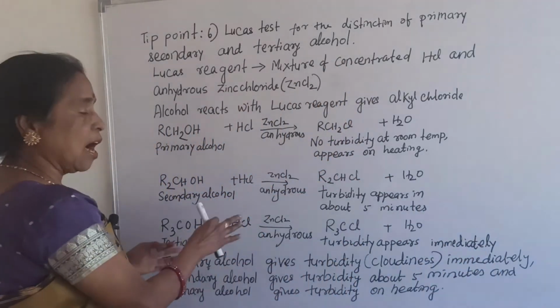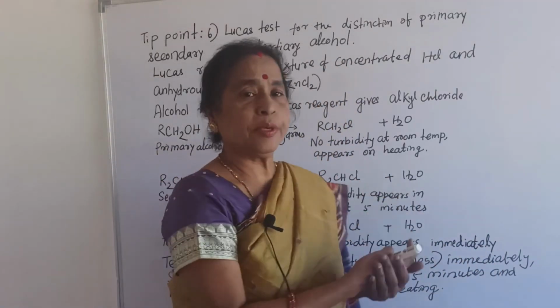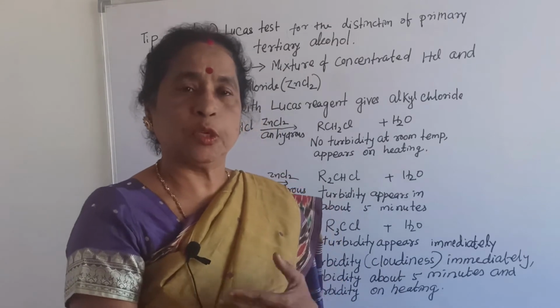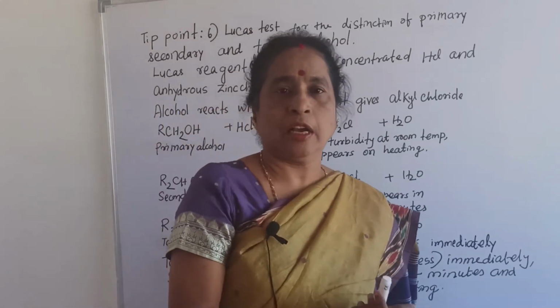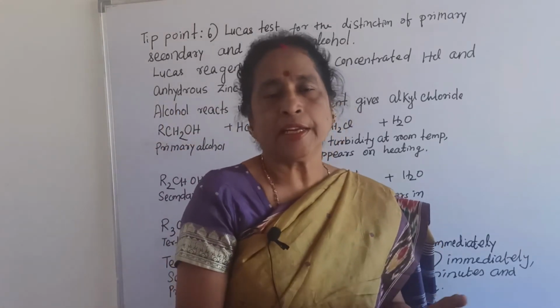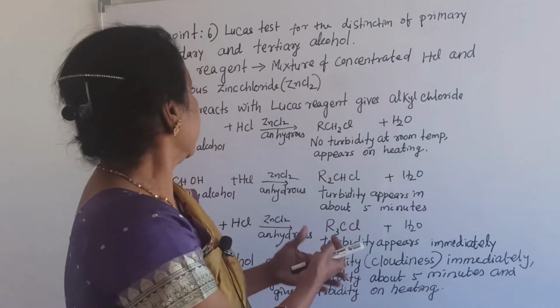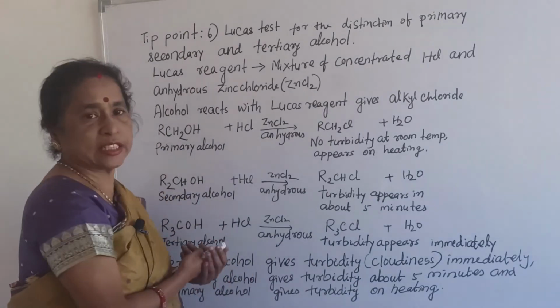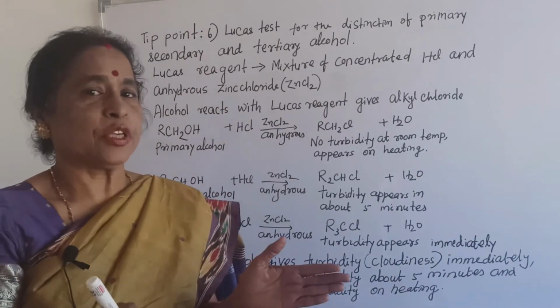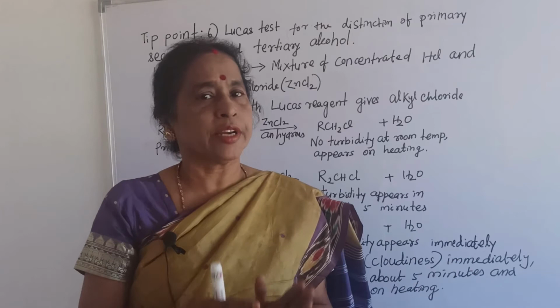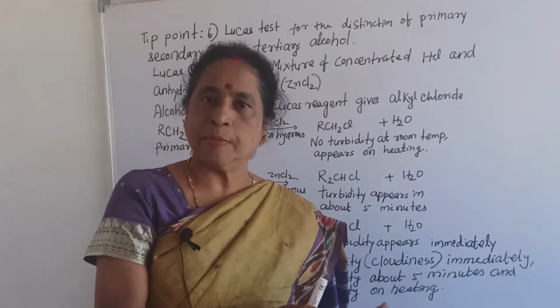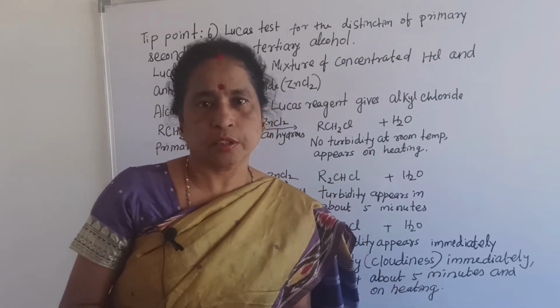And tertiary alcohol gives turbidity immediately, within 2-3 seconds, that is cloudiness. It indicates this is tertiary alcohol. We will see next different types of examples of how to distinguish between primary and secondary, secondary and tertiary, or primary and tertiary alcohols.